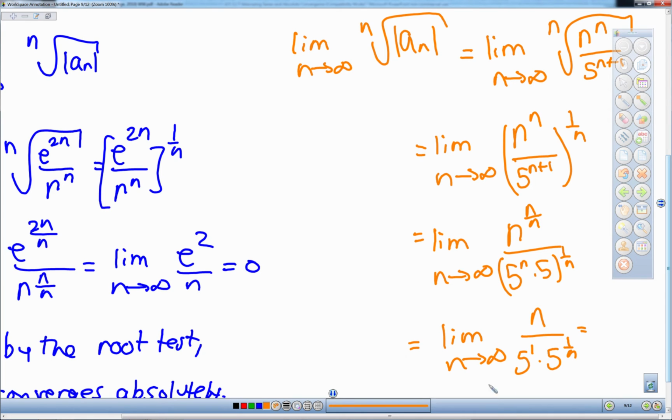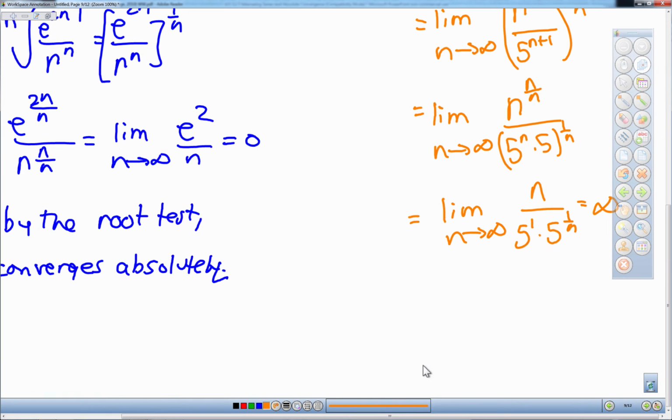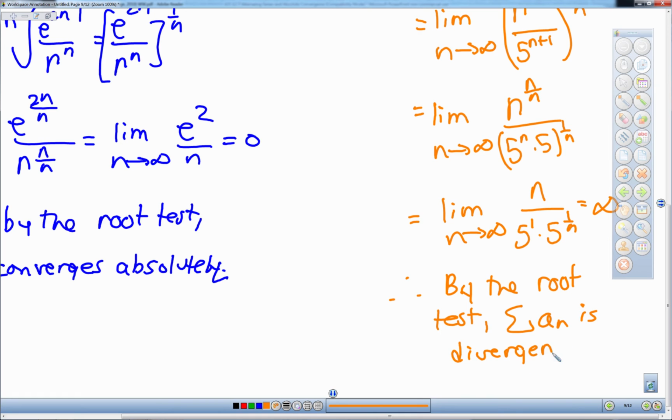And what's going to happen here as we let n approach infinity? What we end up with is something that's going to approach infinity. Therefore, by the root test, our series is divergent. Just like that.